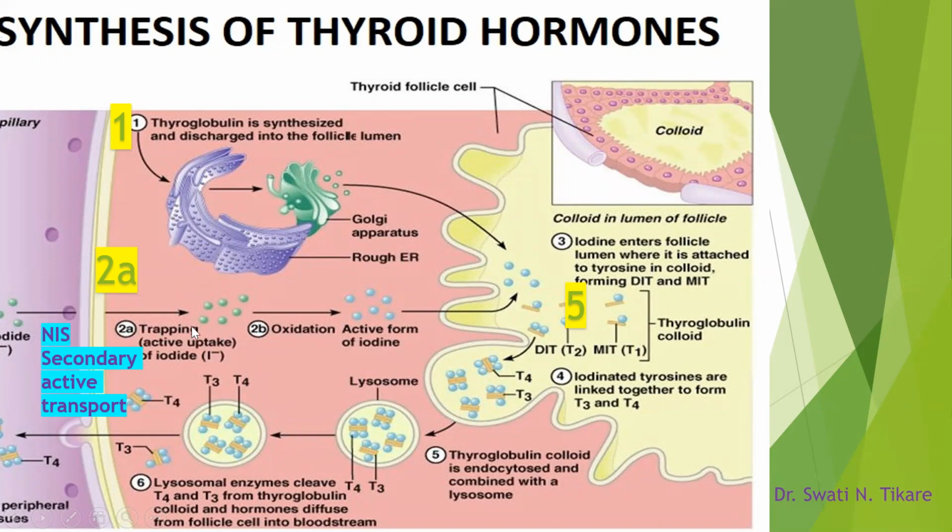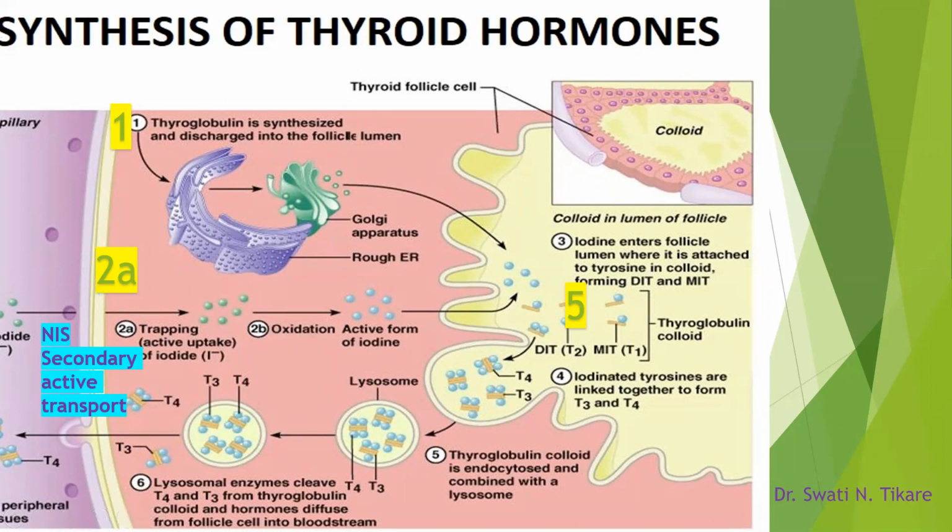And remember that it is not a simple concentration gradient that it is following. A lot, 30 to 40 times more iodide gets trapped by an active mechanism here. So a lot of the iodide available from the blood is taken and concentrated within the follicular cell.